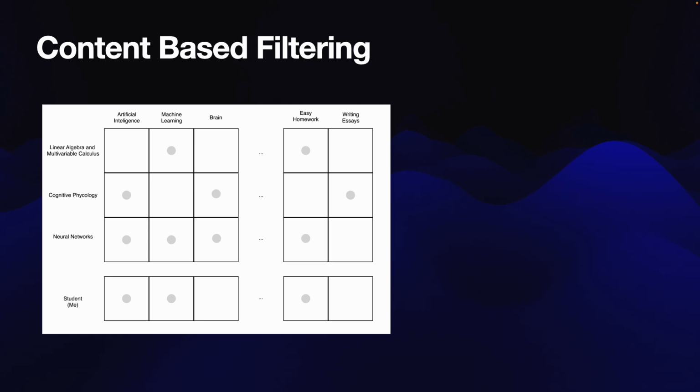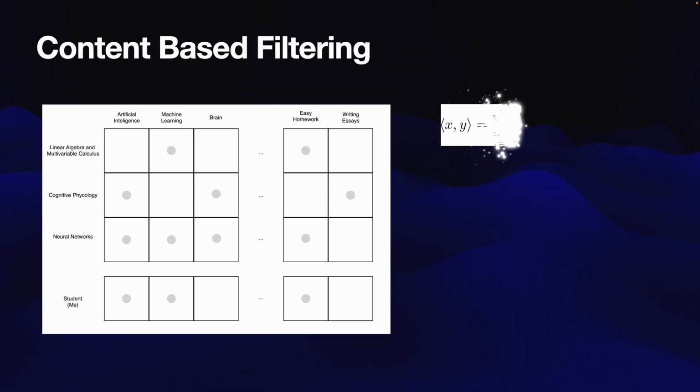So, as the gentleman in front of us mentioned, it's the neural networks, and that is because it has the most amount of intersections, right? So one way to actually model that mathematically is basically saying that the dot product of myself, my interests, and the information that is present in the course is the highest, right?